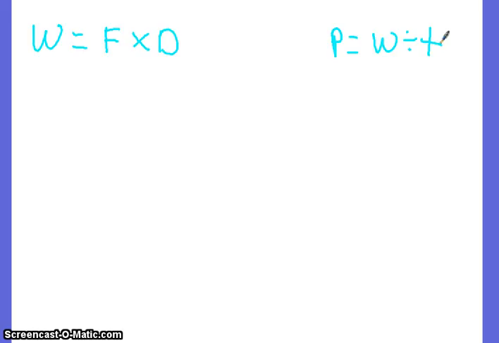I'm going to give you some information, and I'm going to have you do a little bit of math for homework tonight. Okay? So I'm going to give you numbers 1 and 2 for work. I'm going to give you a force and a distance. They're going to come in a pair, and you're going to figure out the work. All right? Does that make sense? So the first force is 12 newtons, and your distance is 8 meters.